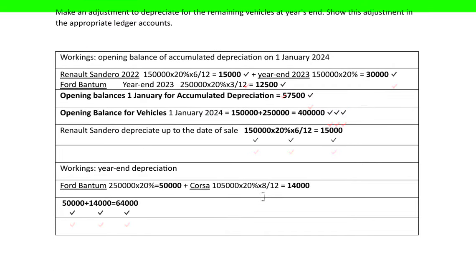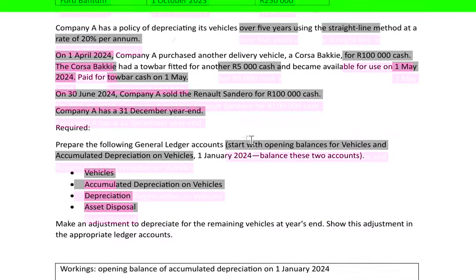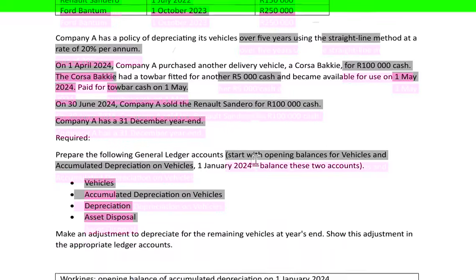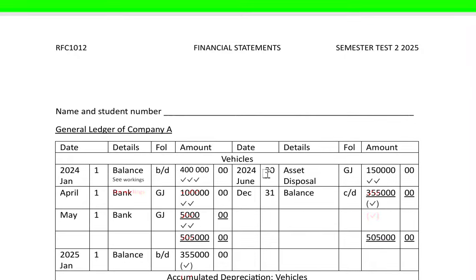So the first thing is we look at the opening balance for vehicles, the 1st of January, which is the historical cost price of the vehicles purchased: 150,000 plus 250,000. And you go and put that into the vehicles account, 400,000. There it is, 400,000. 250,000 plus 150,000. That was very easy.